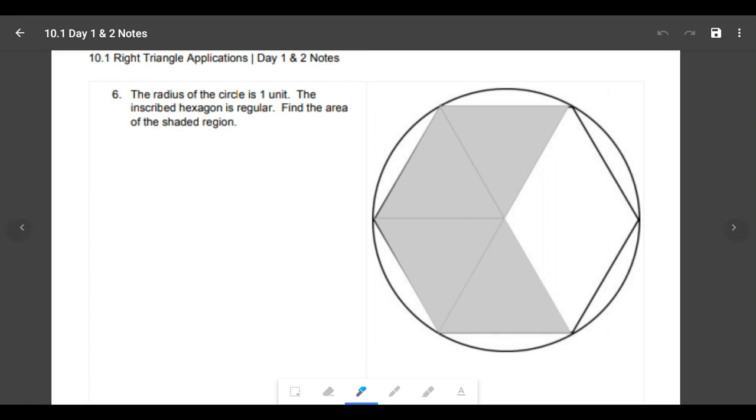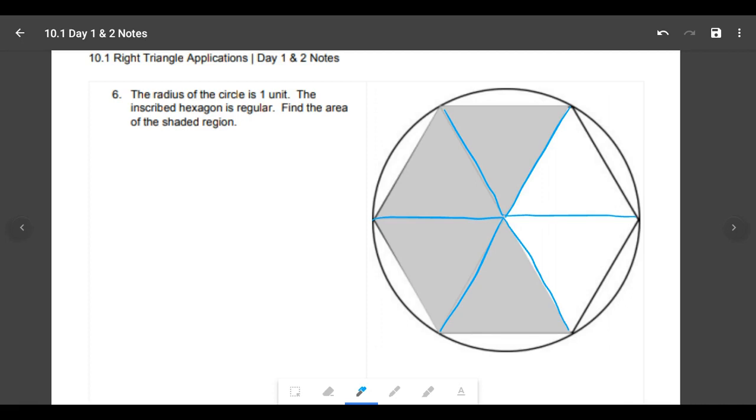And we are tasked to find the area of the shaded region of this hexagon. Okay, well, let's remember that our regular hexagons, we can split up. If I draw this, make this a little bit pronounced, we can split up that regular hexagon into 6 equilateral triangles.